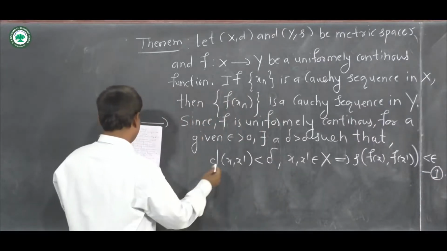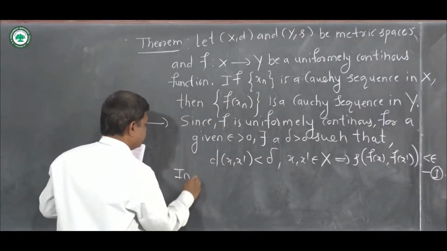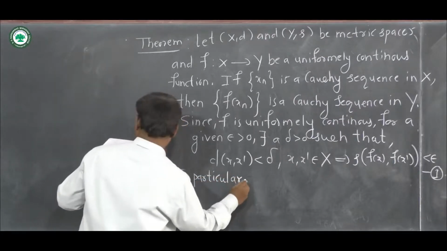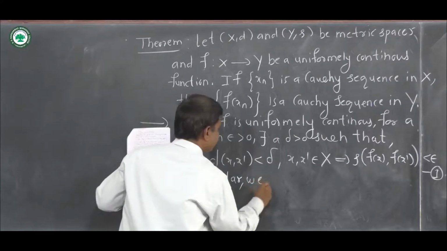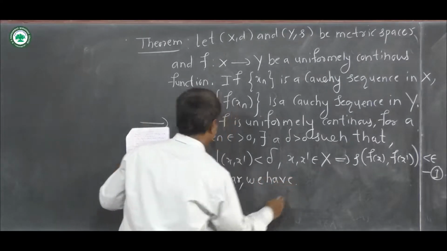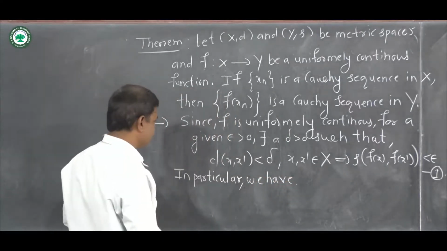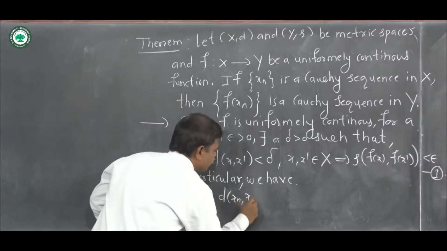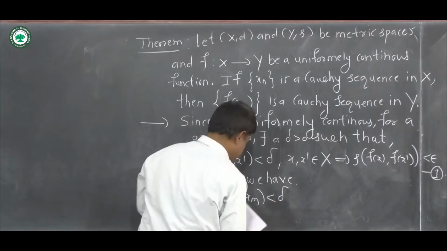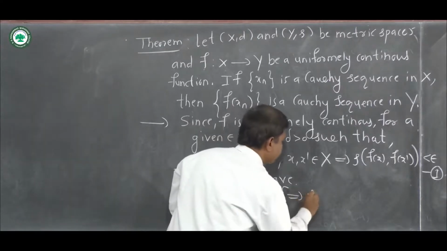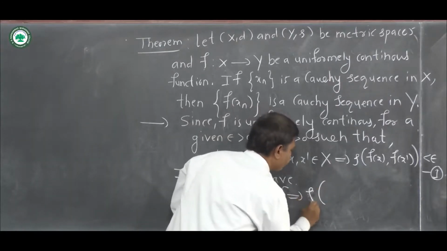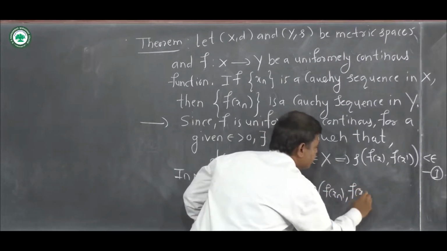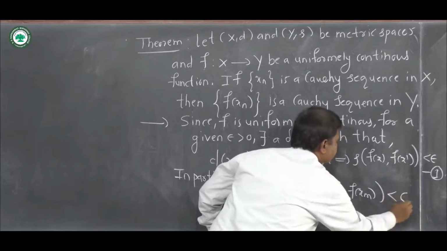In particular, if we take x equal to xn and x dash equal to xm, then d of xn, xm less than delta implies that rho of f of xn, f of xm is less than epsilon.